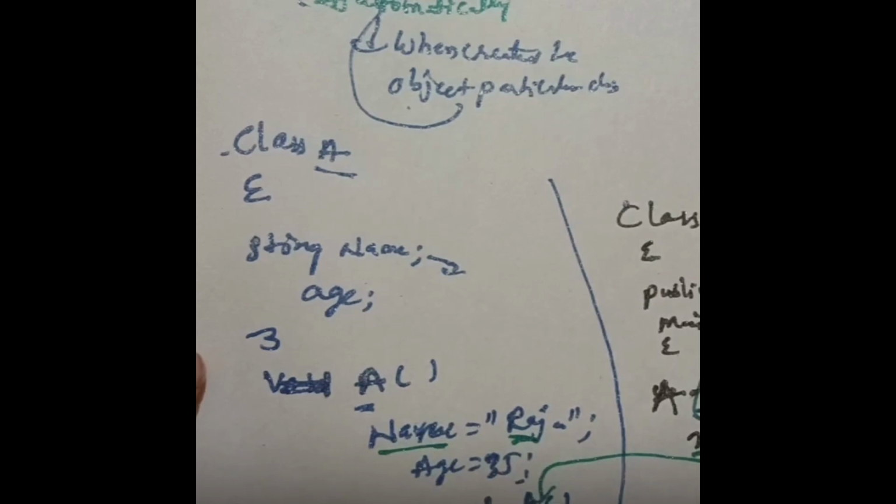And next, in age, 35. What is our output? Raju and 35. This is our output, because we create the object and call the method.